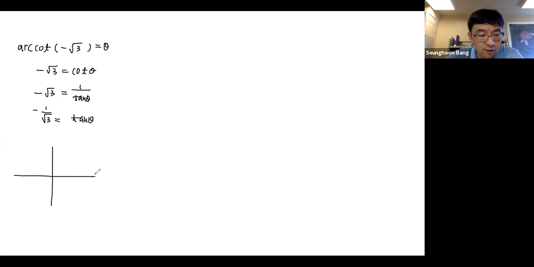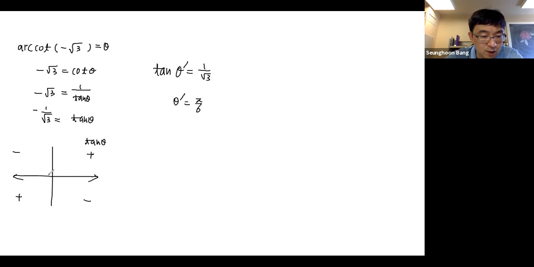So we have the tangent function. Tangent function is positive, negative, positive, negative. Exactly the second quadrant or first quadrant. For tangent theta, we can use reference angle, theta prime. Tangent theta prime is exactly 1 over root 3. What's angle theta prime? Exactly pi over 6.